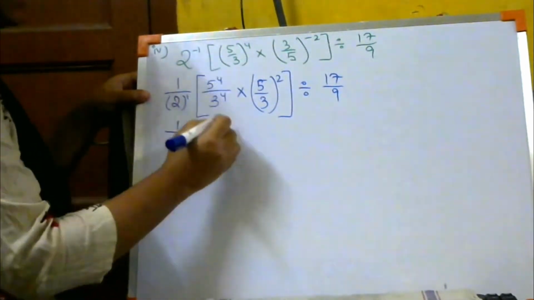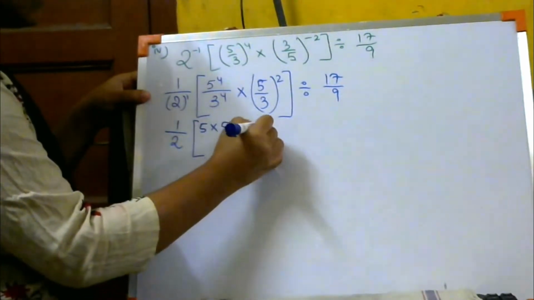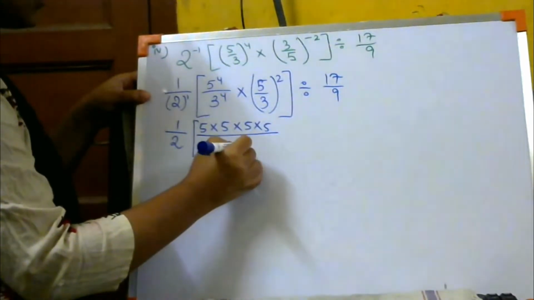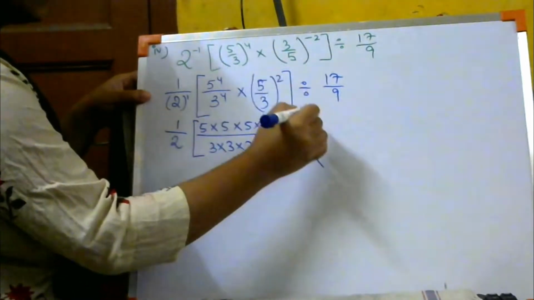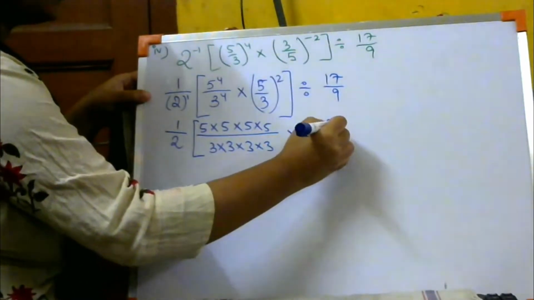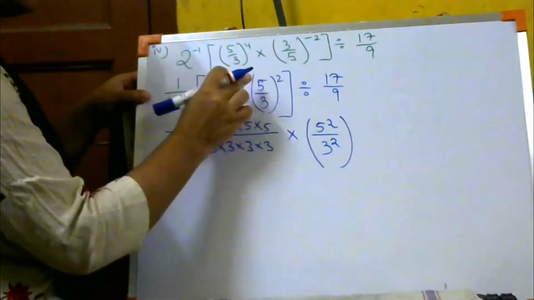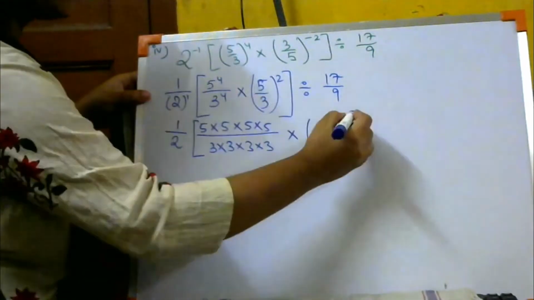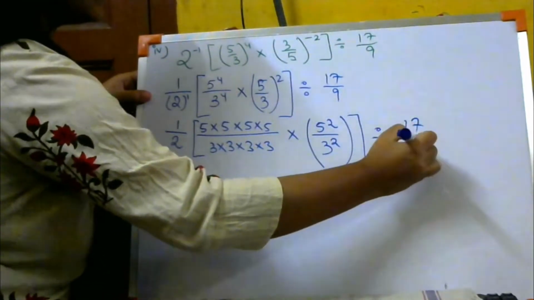Over here inside the bracket, 5 to the power 4 means 5 is 4 times: 5 into 5 into 5 into 5, divided by 3 is also 4 times: 3 into 3 into 3 into 3, and here inside the bracket, 5 by 3 to the power 2. This 2 belongs to 5 also, this 2 belongs to 3 also. This is also an exponential law. Close the bracket, divided by 17 by 9.